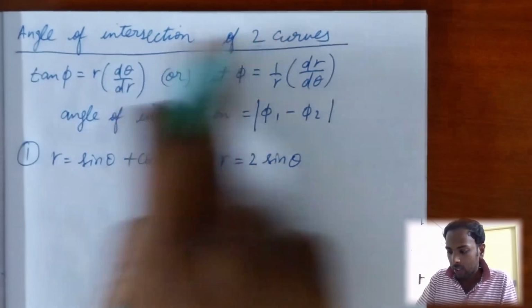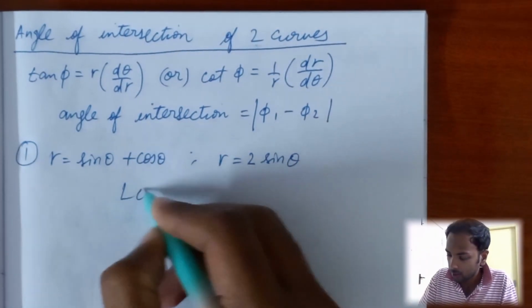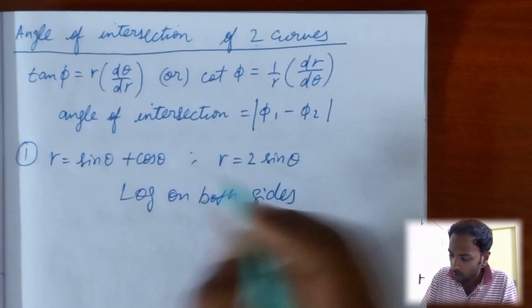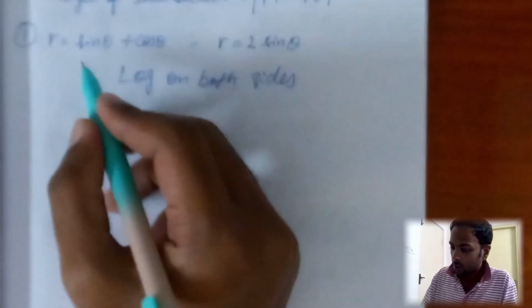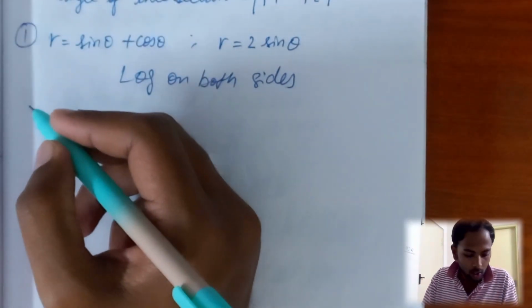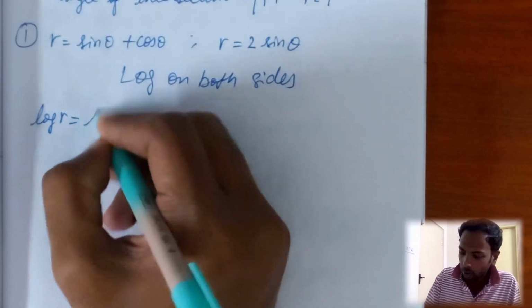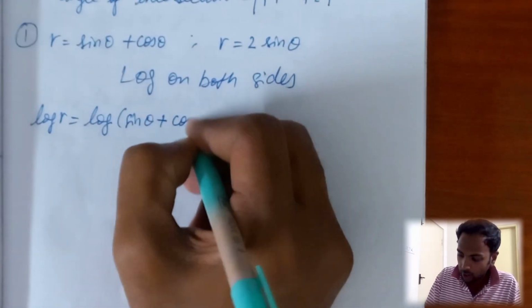For any question on angle between two curves, the first step is always the same, which is log on both sides. For both the equations, take log on both sides. You will get log r is equal to log of sine theta plus cos theta, right?